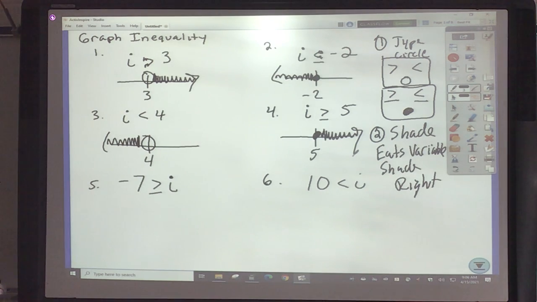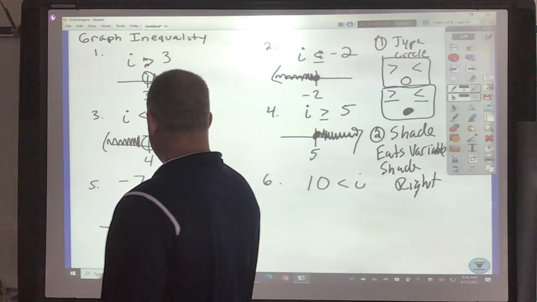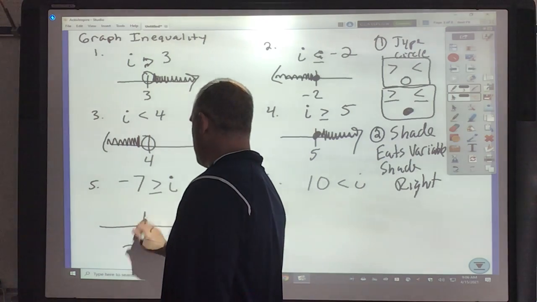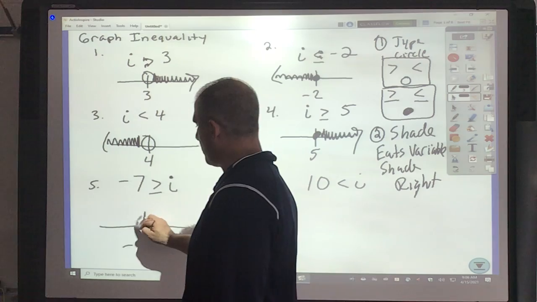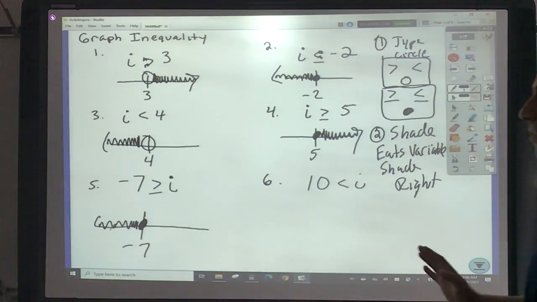Now some people get taught, oh, Mr. Evans, this is the way the arrow's pointing. It is not, okay? It is not. And let me explain why. I got -7. Got that line underneath, okay? What is it doing? It's eating the number, so I'm going to shade to the left. That goes against people's thoughts. Now, why?